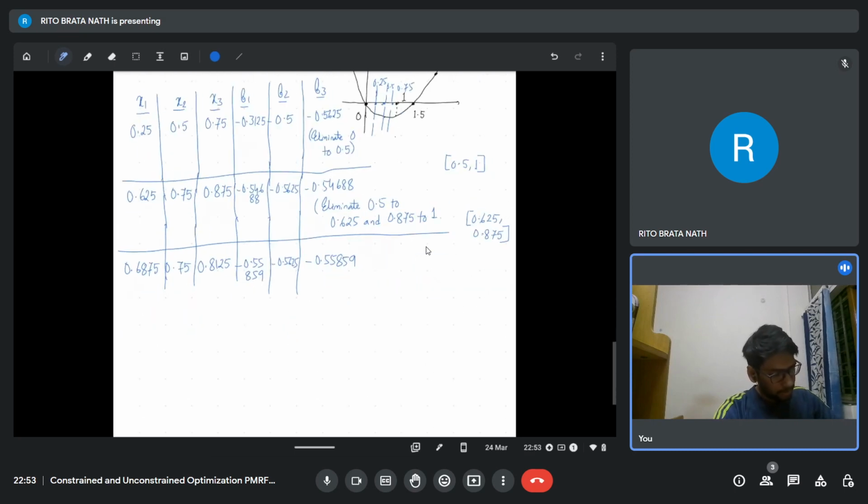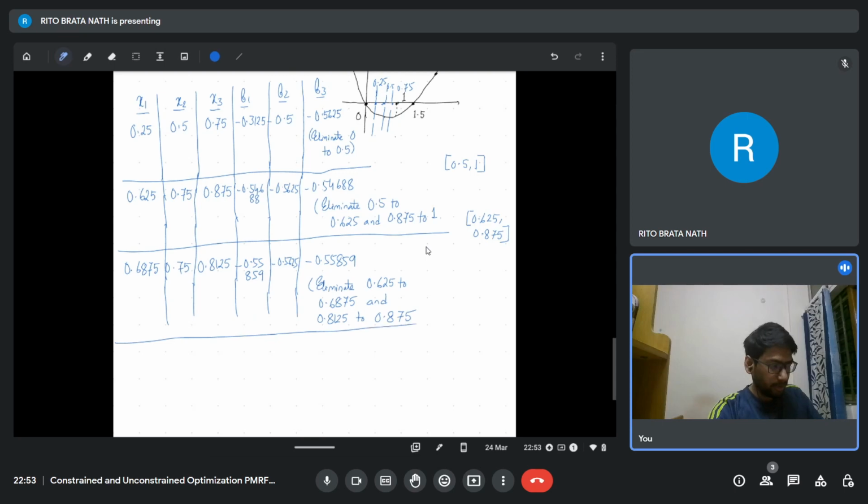So here also it's very similar to the previous one. So you can say that you eliminate 0.625 to 0.6875 and 0.8125 to 0.875, right?